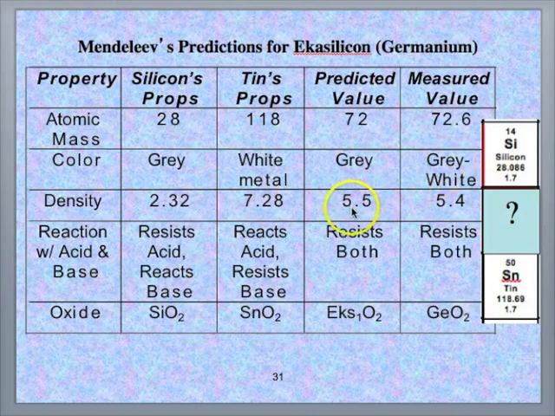He predicted a density of this unknown element of 5.5. After its discovery, it was 5.4. And he predicted that it would be resistant to acids and bases, and it was. And he predicted the formula of the oxide. So this was a very great success, and it illustrated to everyone why the periodic table is so fantastically useful to chemists.